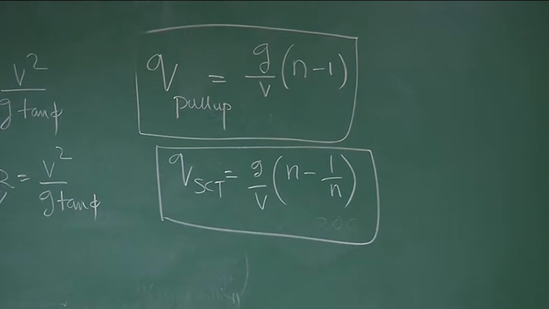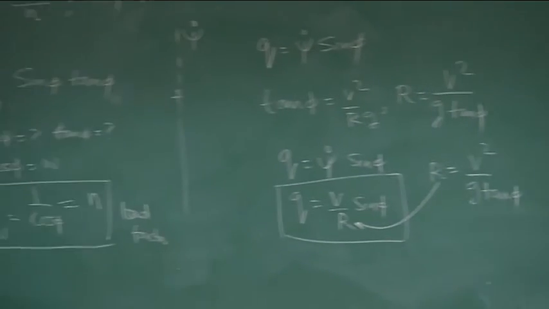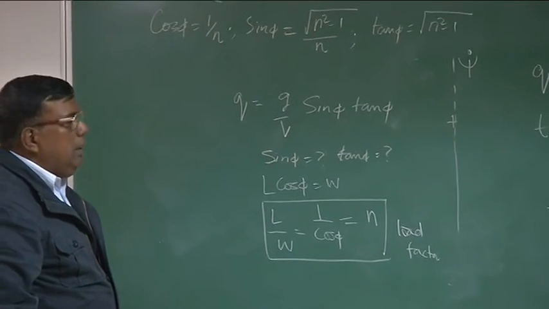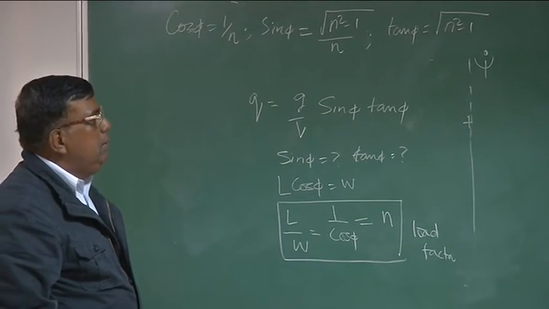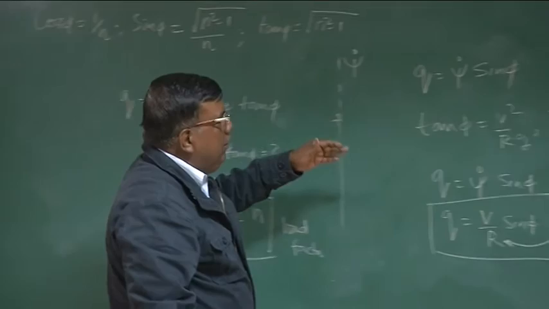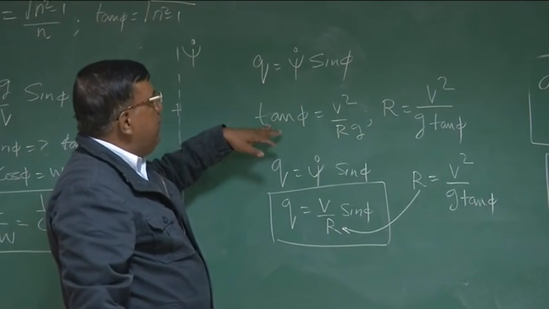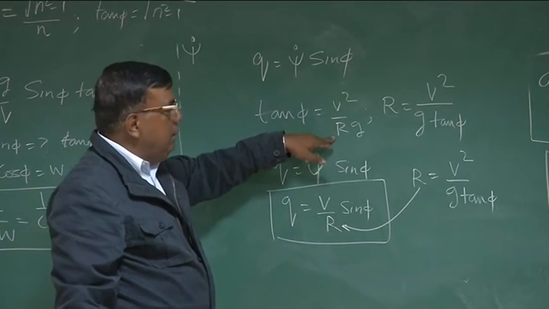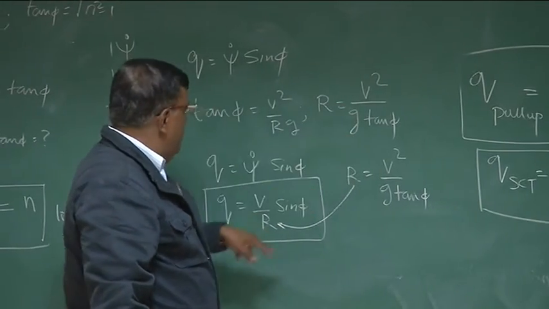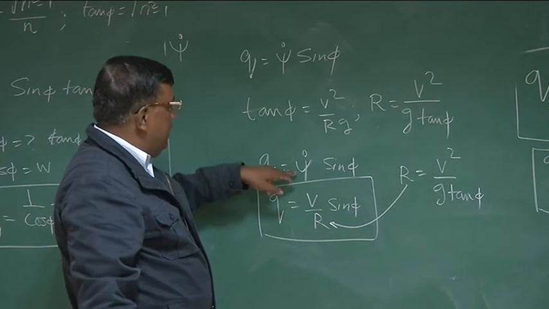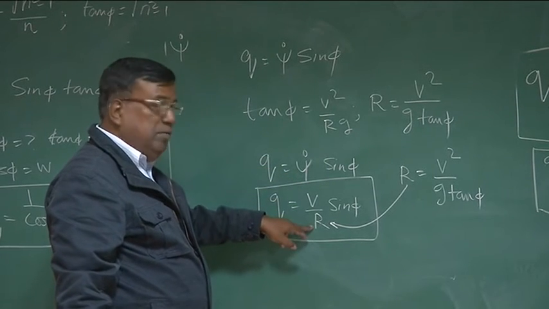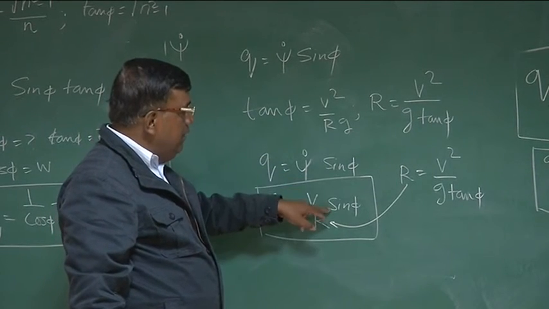Let me repeat, this is a little bit of algebraic manipulation, and I will always suggest you do it yourself. But let me repeat for your clarity. q is psi dot sine phi, this you have understood. Tan phi is v square by Rg, already you have seen. So R is this, and psi dot is nothing but v by R, so I put v by R here, and sine phi is here.